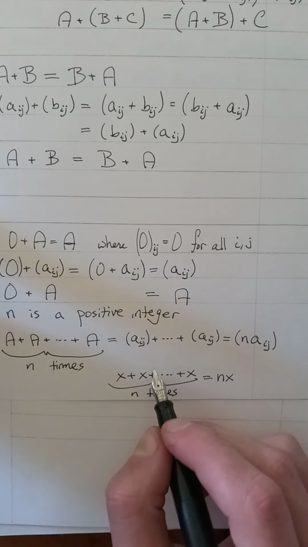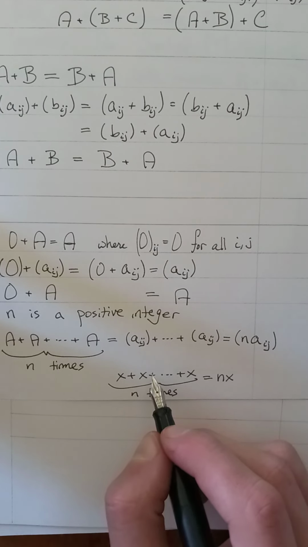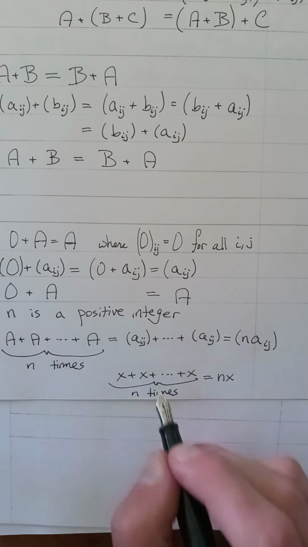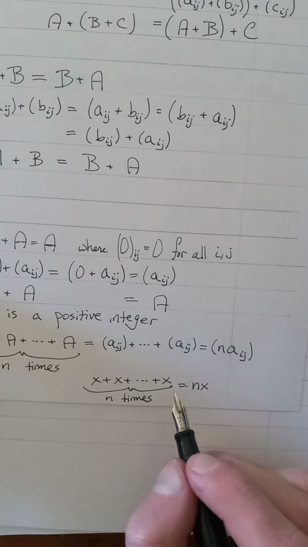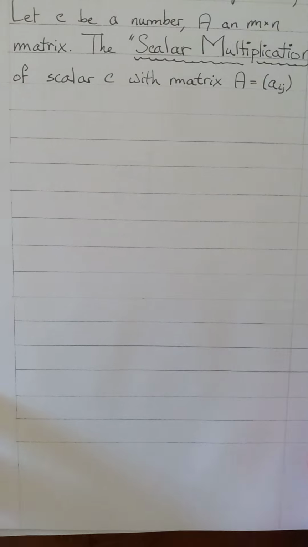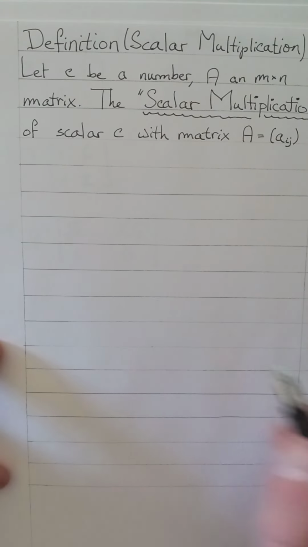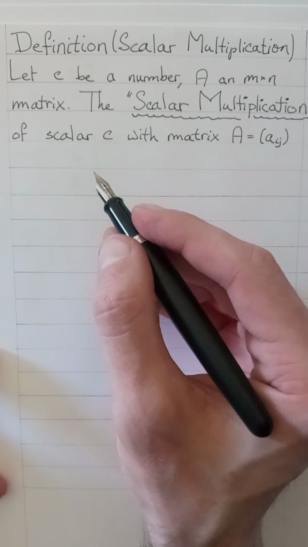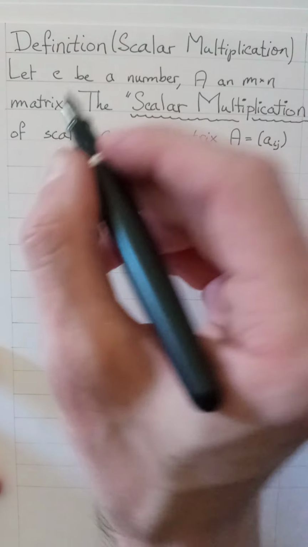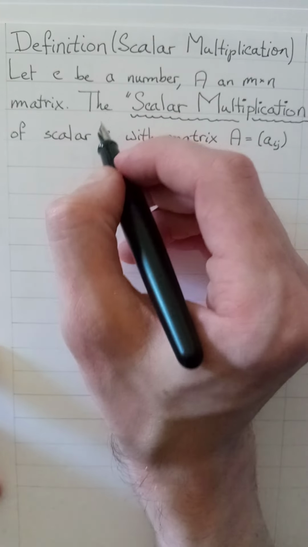We want to generalize this property of addition to some appropriate notion of multiplication. And we can do that. So we will do that. It's called scalar multiplication. Scalar multiplication sounds scary, but scalar is a fancy word for not a matrix. In our case, just a number.